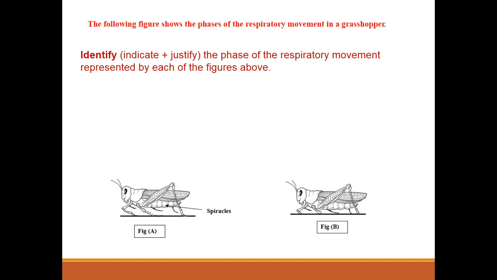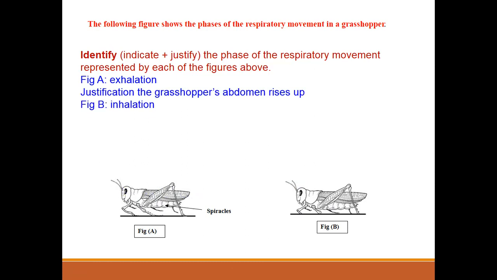In figure A, look at the abdomen of grasshopper, which is raised, and in figure B, look at the abdomen, which is lowered. In figure A, exhalation. In justification, the grasshopper's abdomen rises up. Figure B, inhalation. The grasshopper's abdomen is lowered.